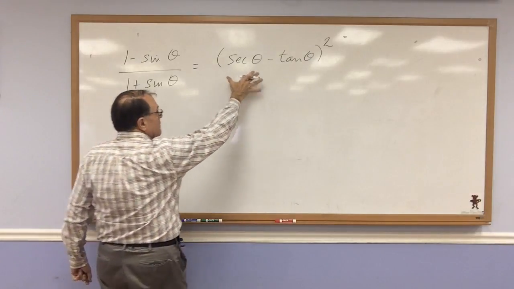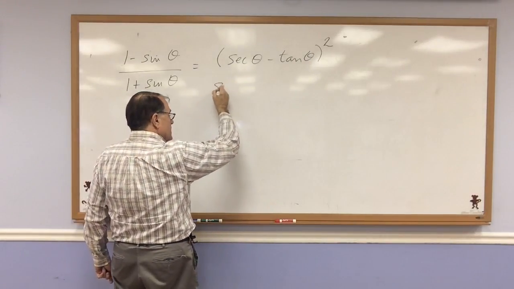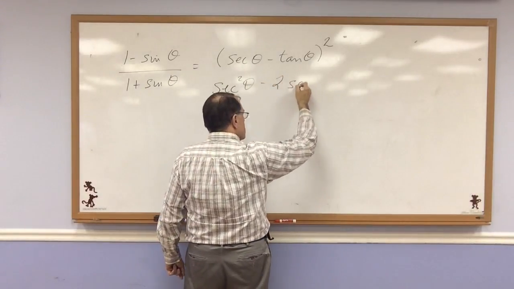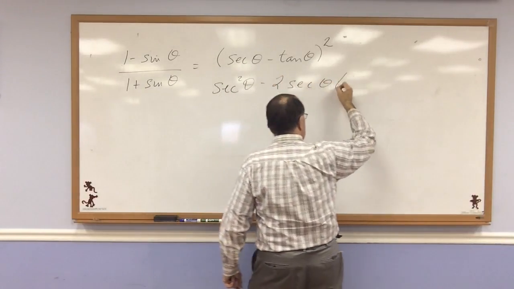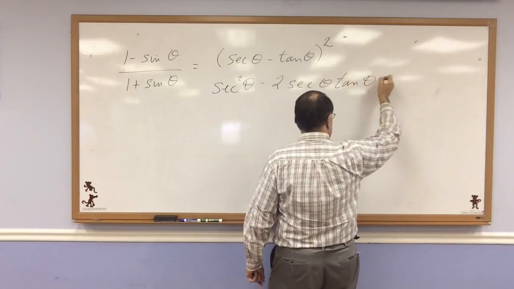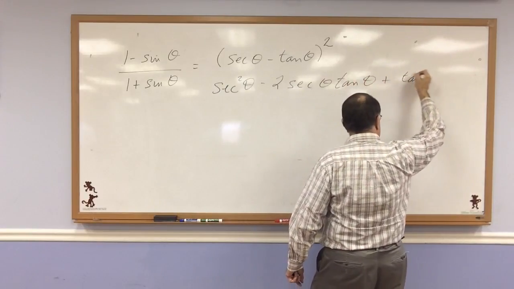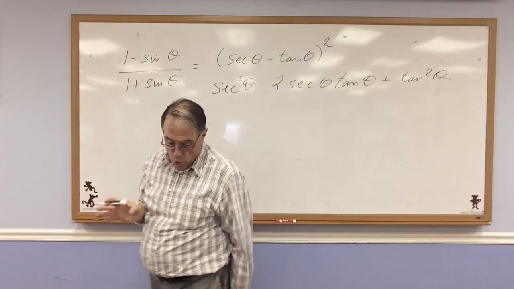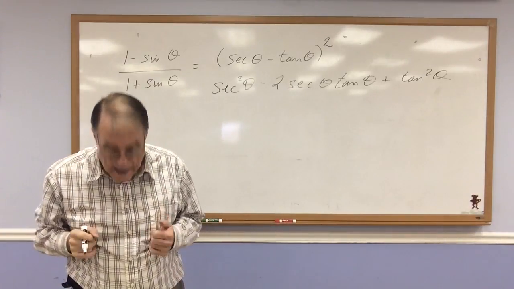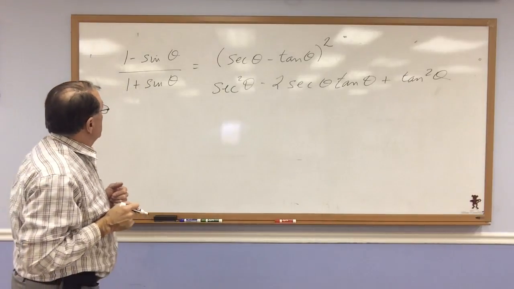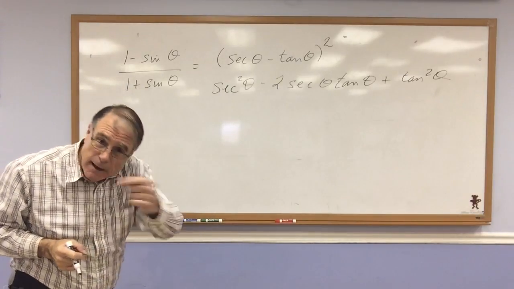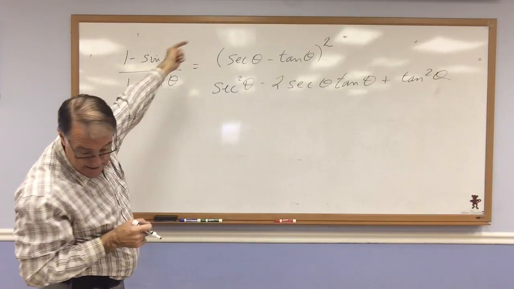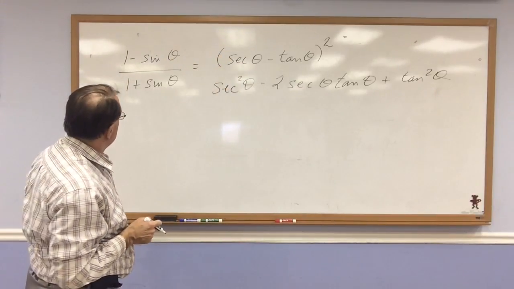Let's go ahead and FOIL the right side. So I have secant squared theta minus 2 secant theta times tan theta plus tan squared theta. And you might be thinking, and I'd be right there with you, how in goodness do we transform the left side to the right side?